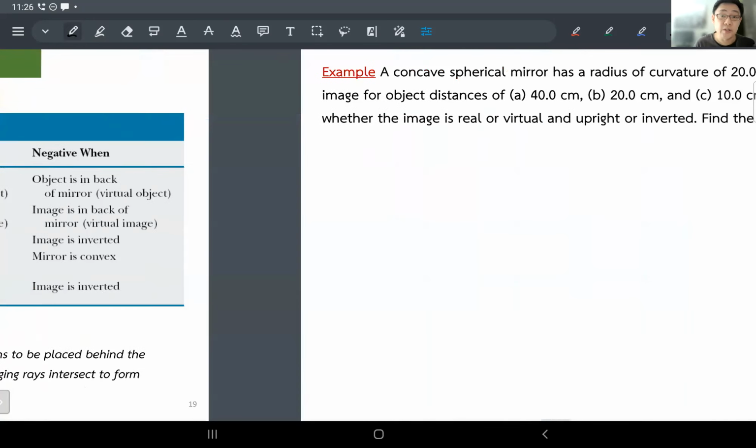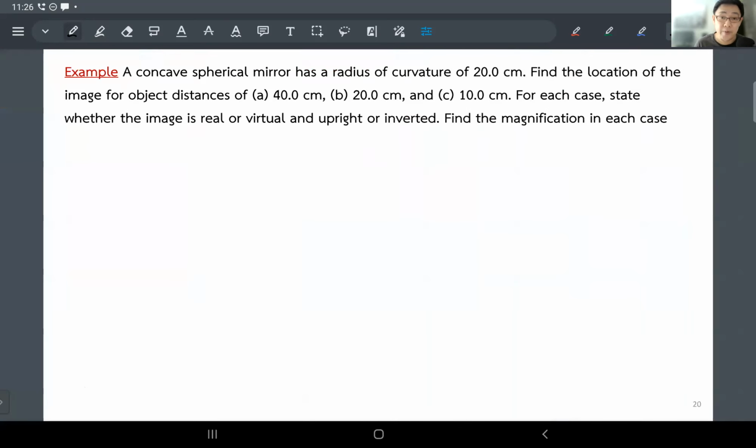It will be better to look at an example. And once you understand this one, lens is done, which is the next topic. All right, look at the concave spherical mirror. When you have a concave one, you're looking at a focal point that is positive, in the front of the mirror.